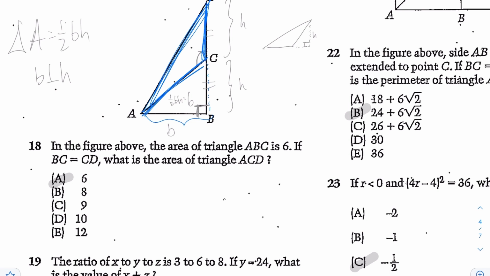It doesn't really matter. So the areas will actually be the same because it's the same base and the same height, because again, the heights are equal here. So the answer is going to be choice A, 6. You can also substitute in random numbers to see what the area is, but it will stay the same.